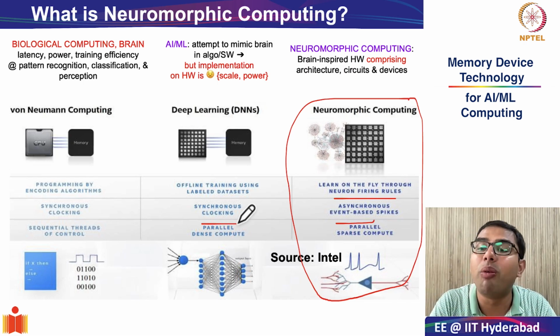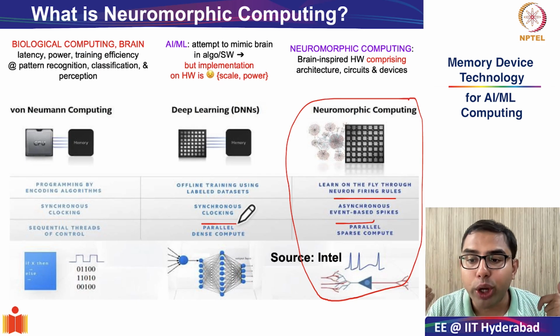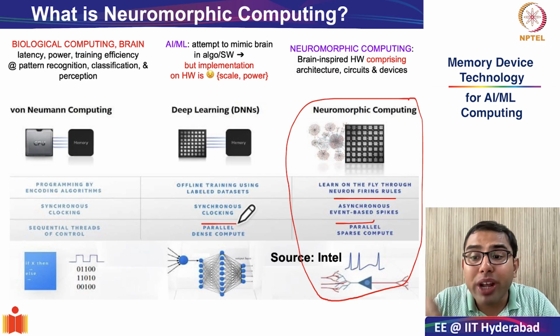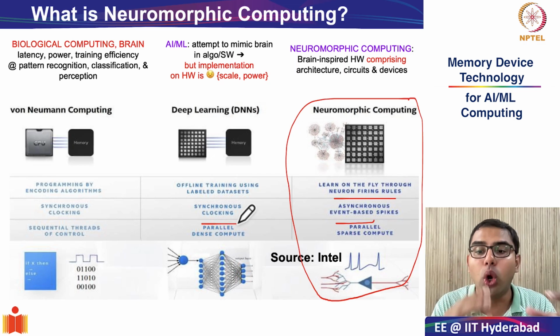And this is what avoids the von Neumann bottleneck, and the power efficiency, at least in promise, is several orders of magnitude better, because computation and memory storage both is happening parallelly and locally.